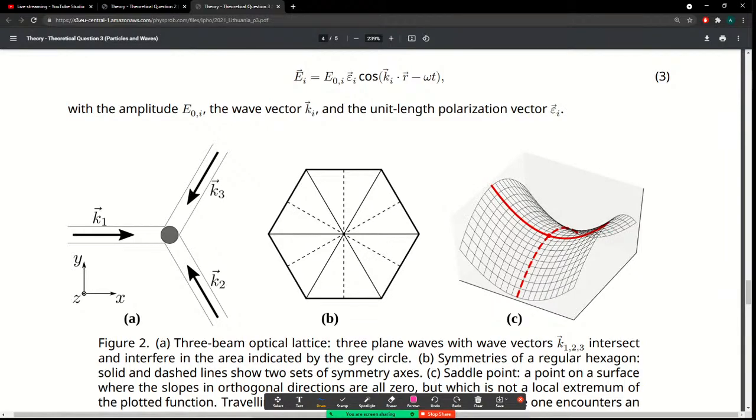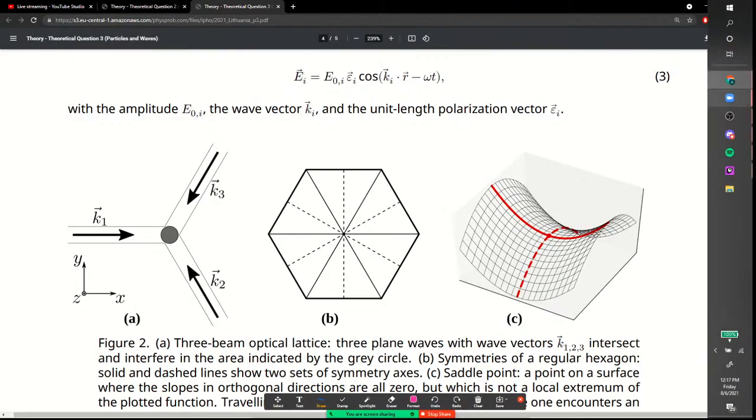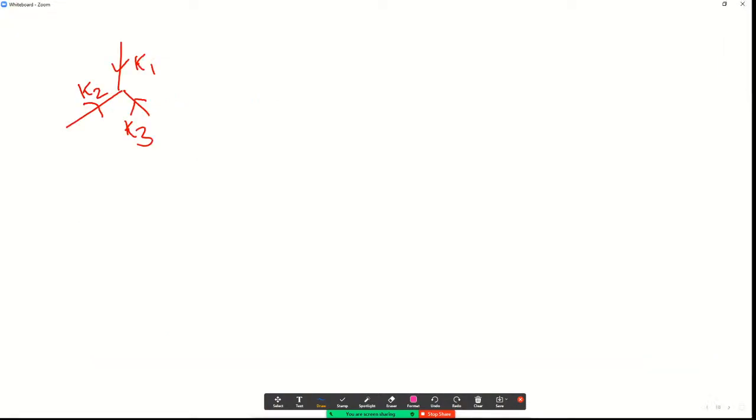So we have K1 vector like this, K2 vector like this, and K3 vector like this. And we then rotated by 60 degrees. So we have now K1 vector like this, K2, K3.